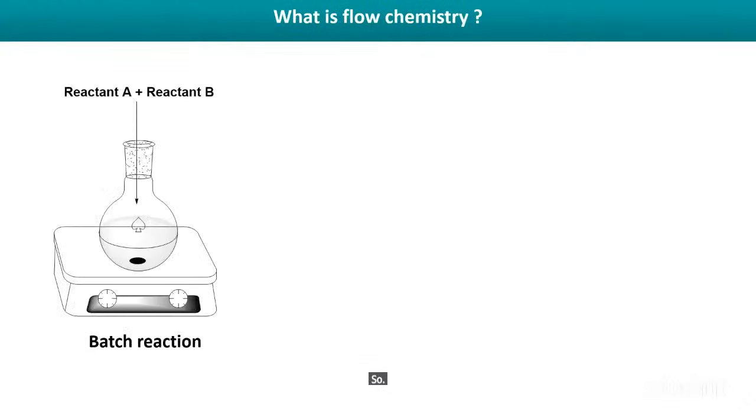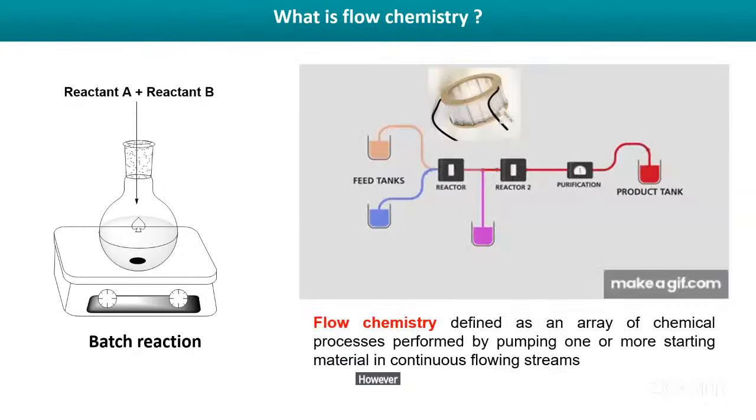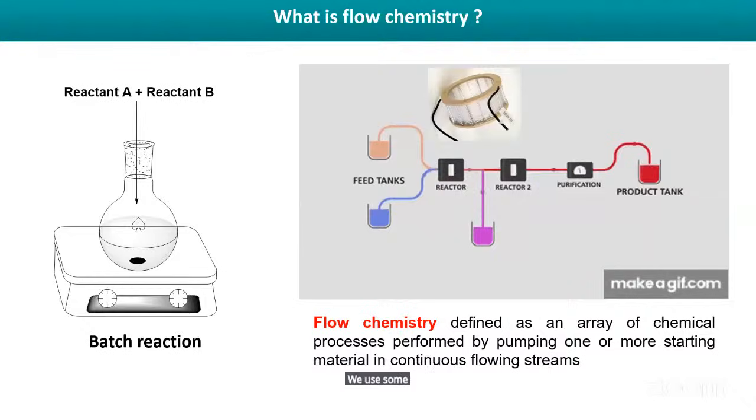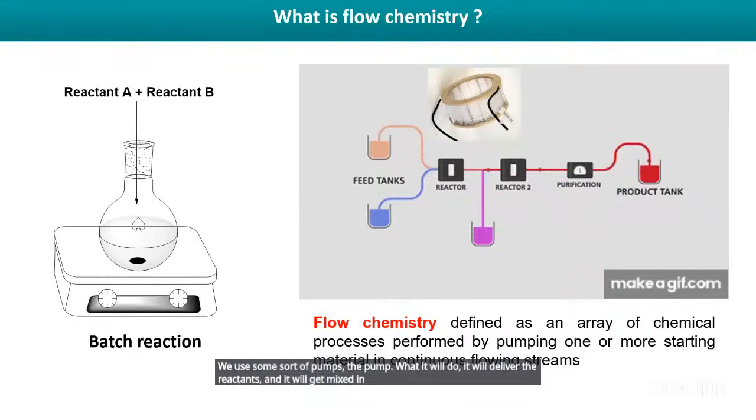So just to distinguish, this is a simple batch reaction. We have a round bottom flask, we add reactants, we stir it using a magnetic stir bar, and we get our product. However, in flow chemistry, we use a continuous mode of two reactants. We use some sort of pumps. The pump delivers the reactants and they get mixed in some mixing piece.